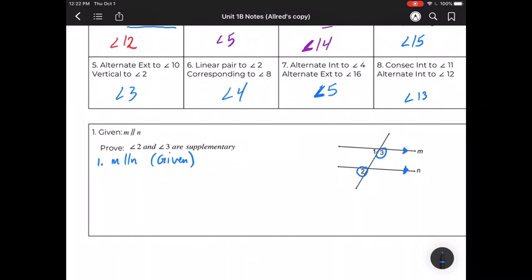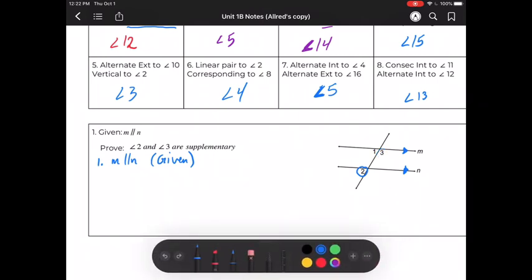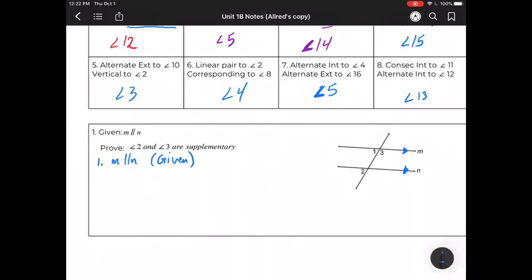What I would do is look at a relationship of angles from the picture that are supplementary angles. And there's two different ways we can look at that, but the easiest thing to realize is that angles 1 and 3 form a linear pair. So they are supplementary.